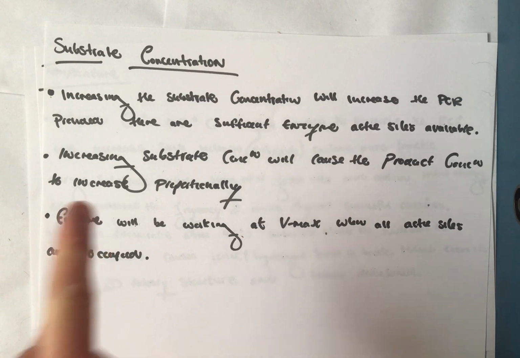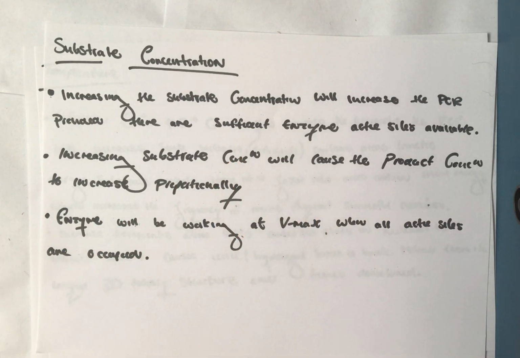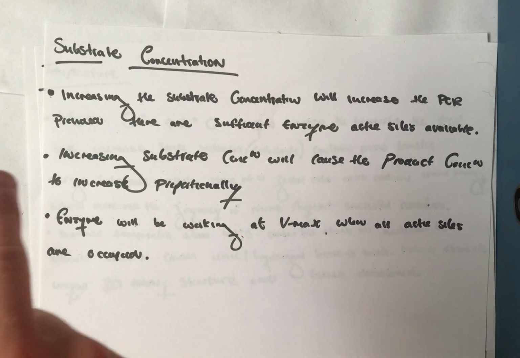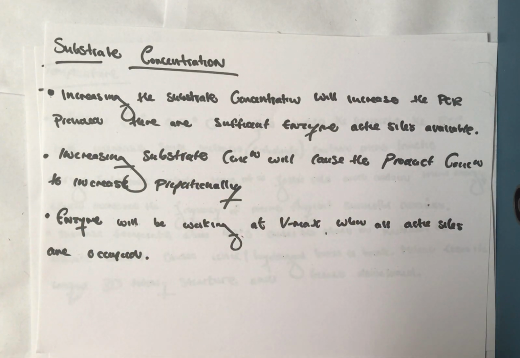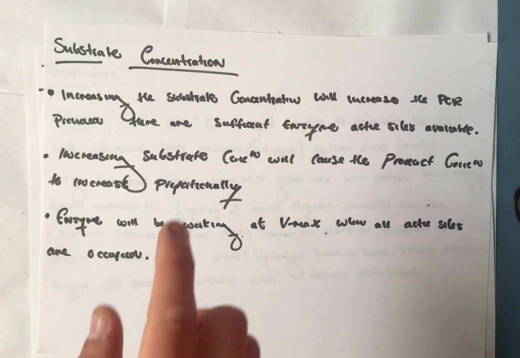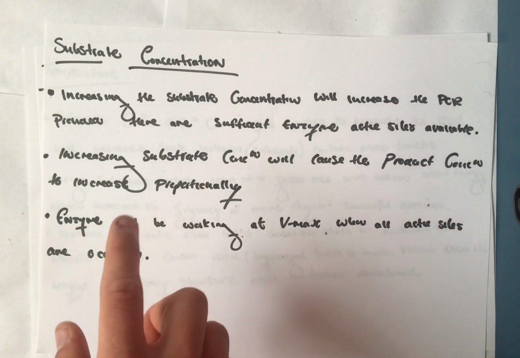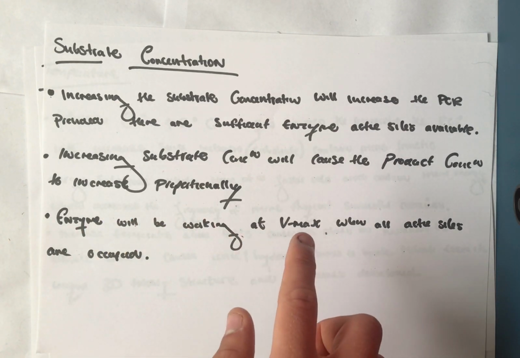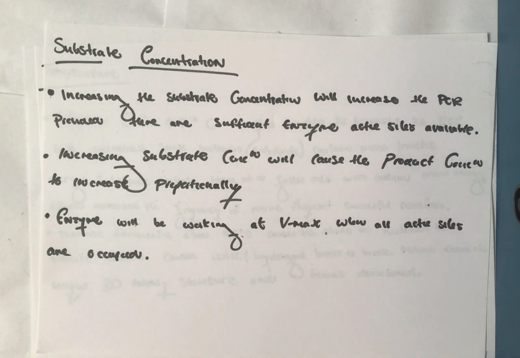It's also important to note that increasing the substrate concentration will increase the product concentration proportionally. So if you double the substrate concentration, you're going to double the product concentration. When all of the enzyme active sites are occupied, the enzyme is known as working at the Vmax, where V stands for velocity. This is just a case where all enzyme active sites are occupied.